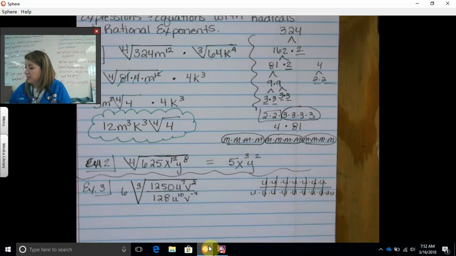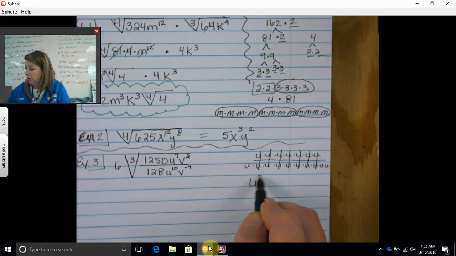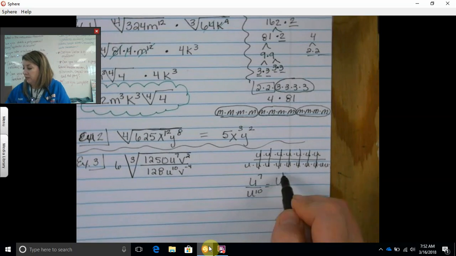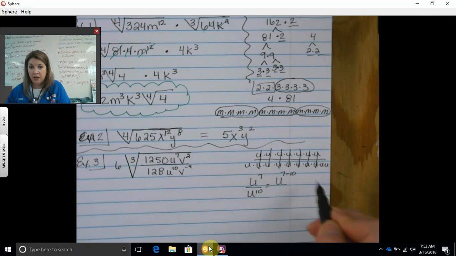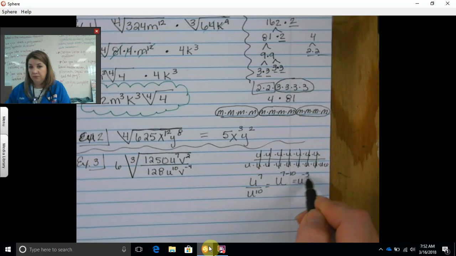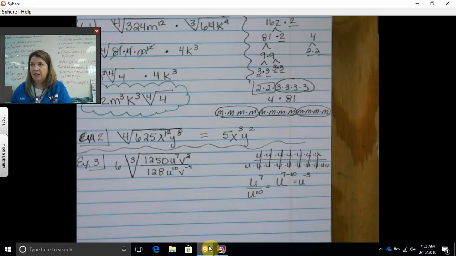Now the rule says if you are dividing like bases, as we are, keep the base, and you put it in the numerator. Subtract the exponents. You always take the exponent of the numerator minus the exponent of the denominator. That's going to give us u to the negative 3 in the numerator. But we said it's supposed to be in the denominator, and positive.